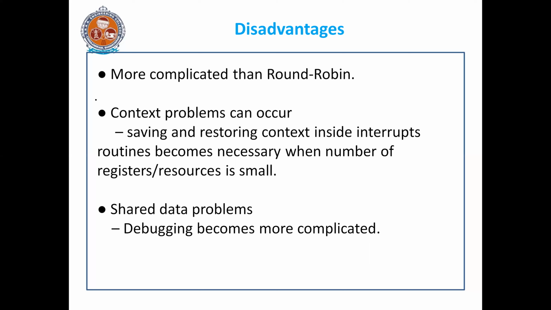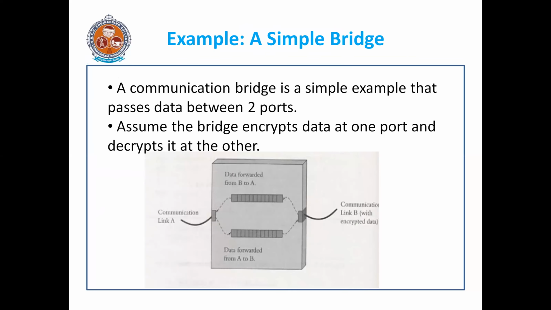If it is being shared, then definitely the shared data problem comes into picture. Because of that, debugging also becomes somewhat more complicated. So these are the disadvantages of the round robin with interrupts architecture.